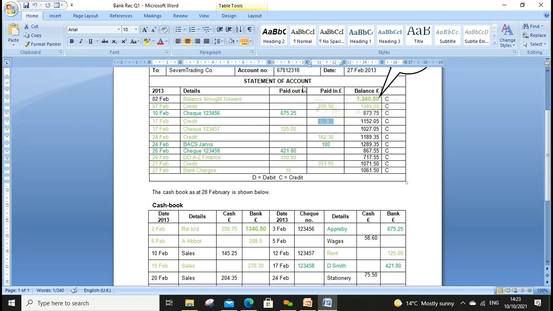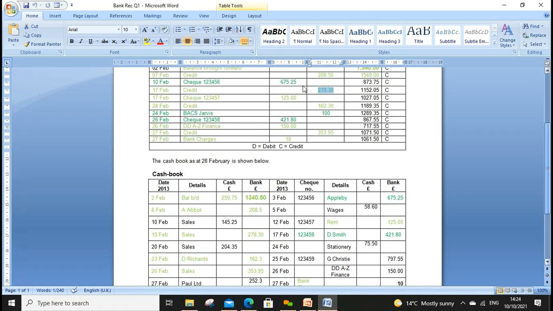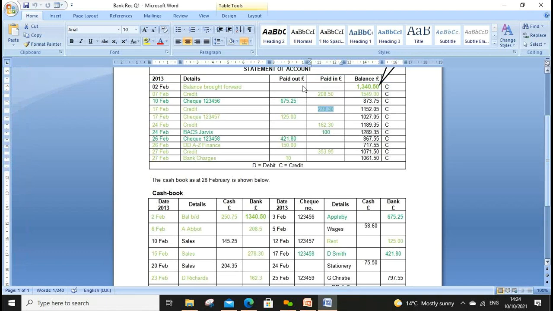Then you look at the next, credit 275. So you will see there the bank credited 278, on 17 Feb. You always look at the check number and ask why it is credited, what the reason for the credit is.